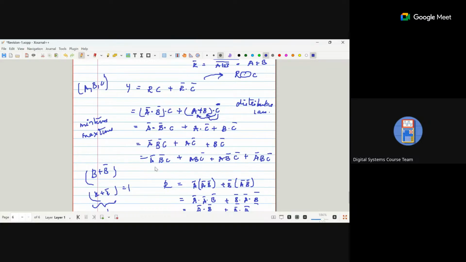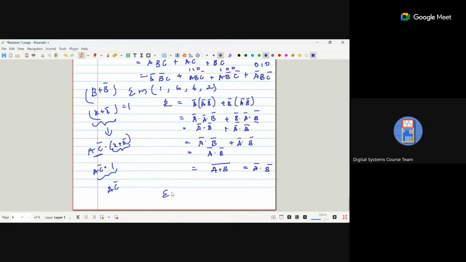So now what will be this term? 001 will be 1. 110 will be 6. 100 is 4. 010 is 2.